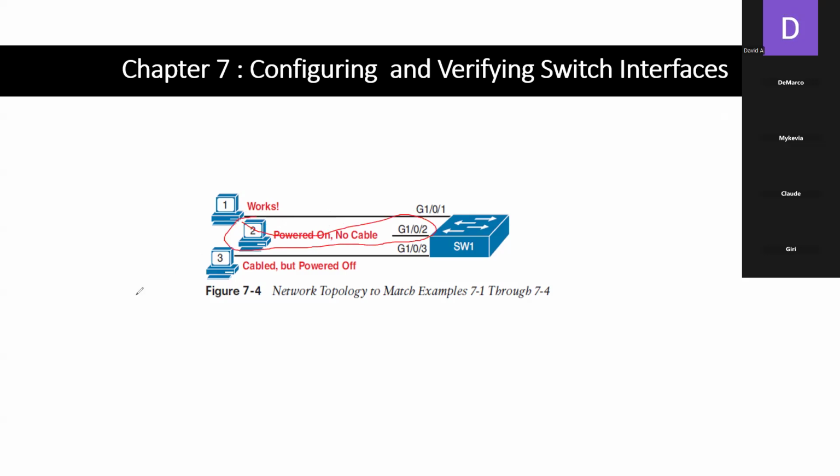Layer one doesn't exist, so those FLP messages can't be sent from one to another. Now the use case for endpoint number three: it's cabled, but it's powered off. If it's powered off, it can't send those electrical signals that are FLPs in the first place. Make sense? Okay, let's keep going.